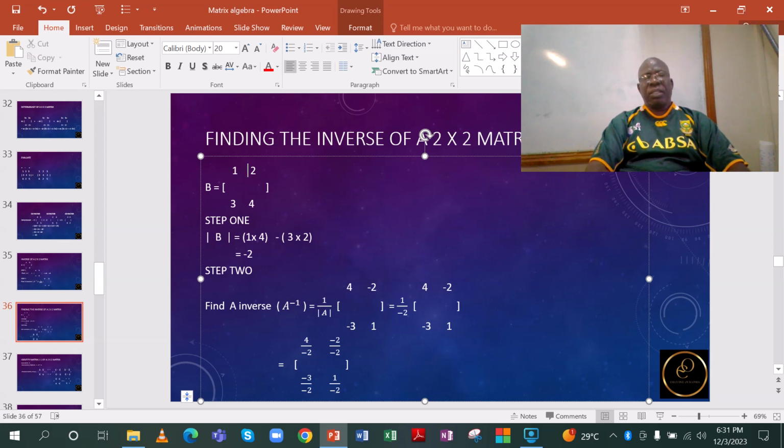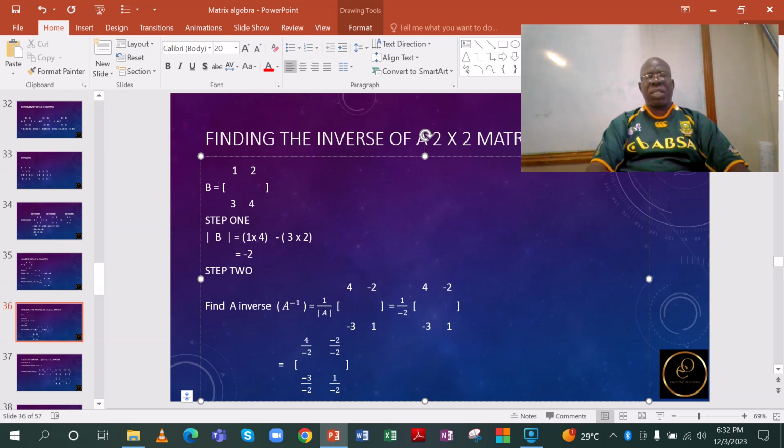Okay, so now step 1, you look at this matrix B. You look at finding the determinant of this matrix, which will be 1 times 4 minus 3 times 2, which is going to be negative 2 in this particular case. So we have secured what is the determinant of this 2 by 2 matrix.